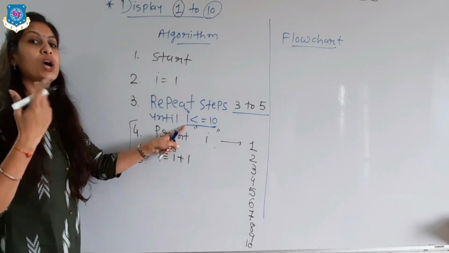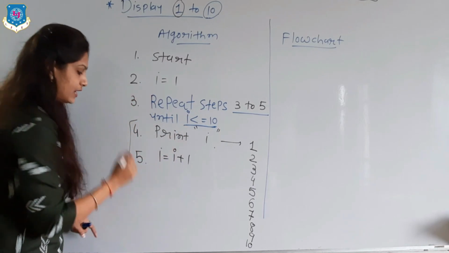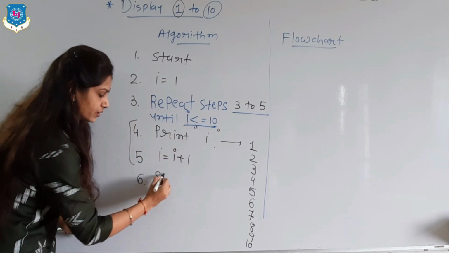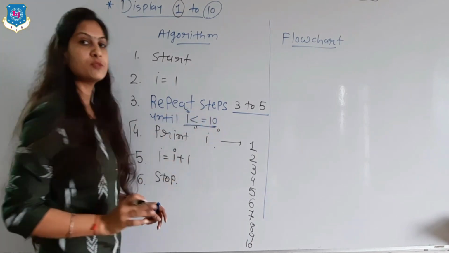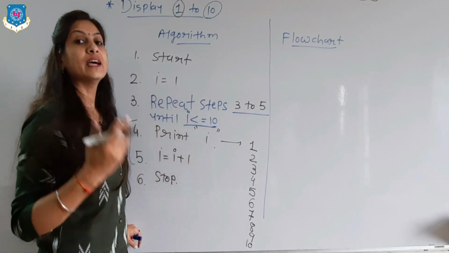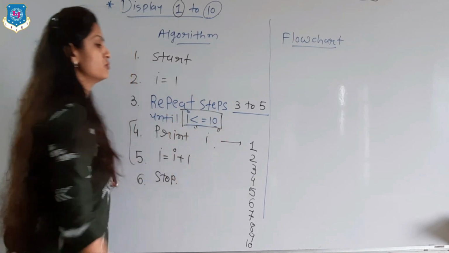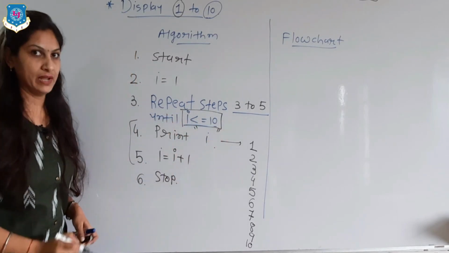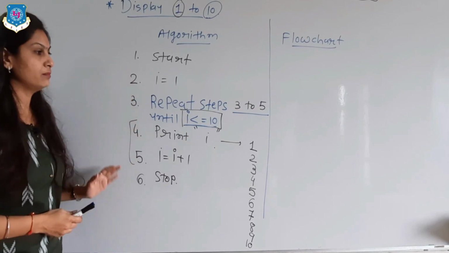Then we have to go outside of this repetitional formula, and that is our 6th step, that is stop. If the condition is not proper, meaning your condition is wrong, then it goes into an infinite loop. So here the main step is you have to find the condition perfectly. So do you understand this algorithm?